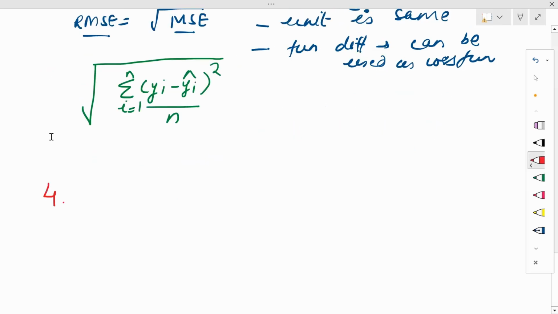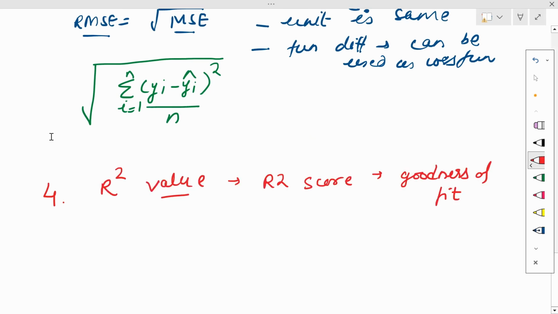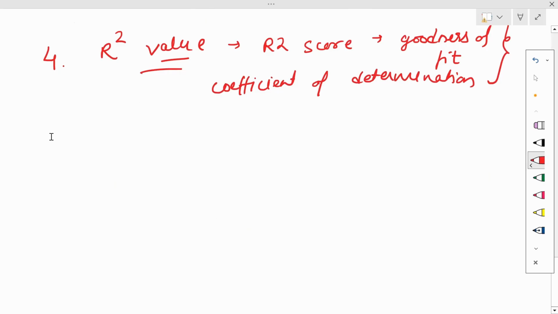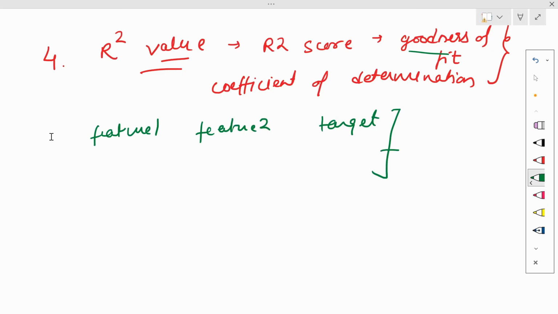the whole thing. The next thing is R square value or coefficient of determination. These are all names of the R2 score. Now, as the name suggests, it is not a metric to evaluate the performance of our model, but it helps us to find the goodness of it. What that means is, if we are given maybe feature 1, feature 2, and a target value, and consider we have fitted linear regression over this.